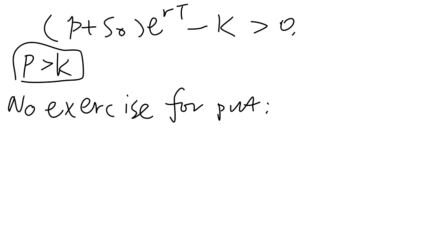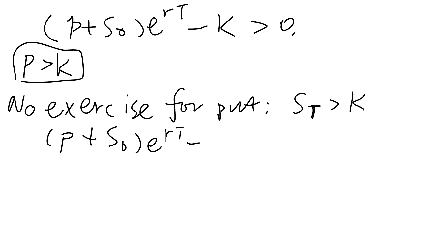When a put is out of the money, then ST must be greater than K. Makes sense? So now, if it's no exercise, then you have overall profit of this whole thing minus capital ST. Okay, so I want to prove that this one should also be greater than 0.